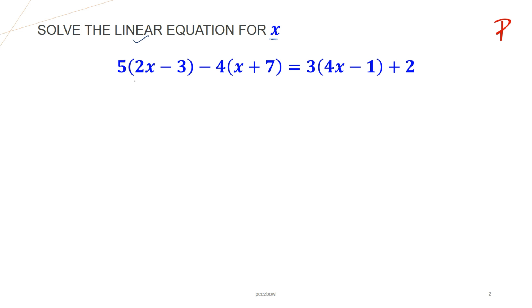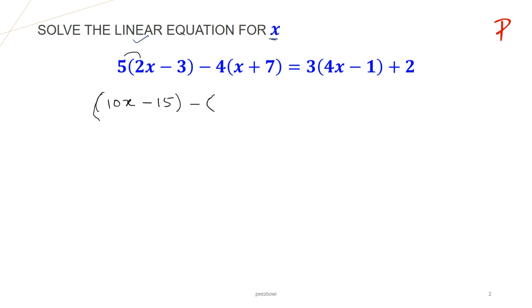So 5 multiplied by the bracket 2x minus 3 means that we are multiplying 5 with 2x as well as 3. Let me write it in a bracket itself. When 5 is multiplied by 2, this becomes 10x, and we have a minus sign. When 5 is multiplied by 3, we have 15, bracket close, then we have a minus sign.